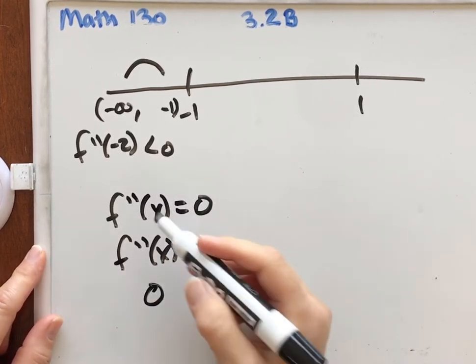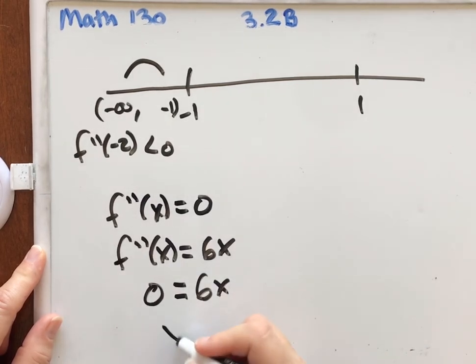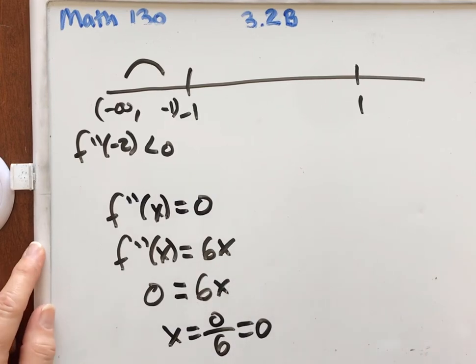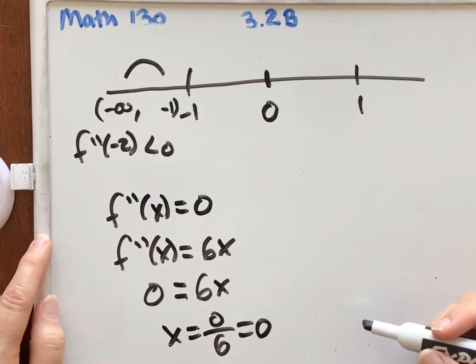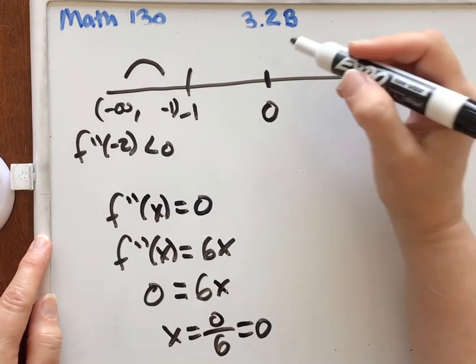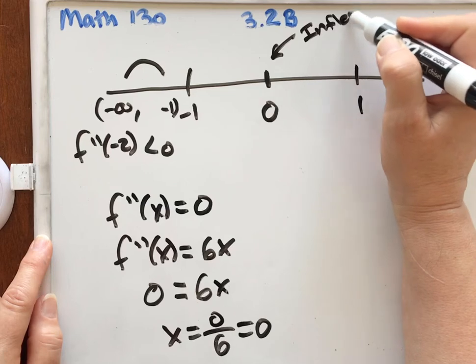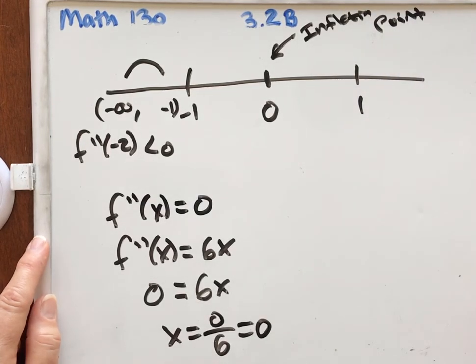So if we set f double prime x equal to 0 and divide by 6, x is 0. So right here at 0, we're going to have an inflection point.